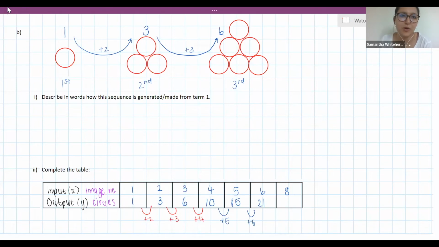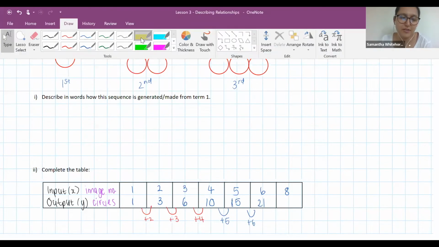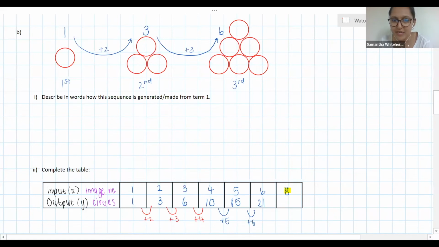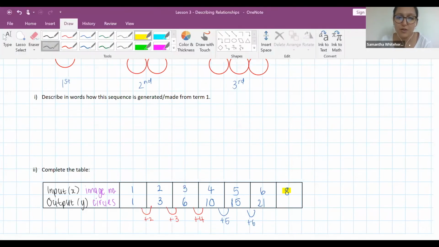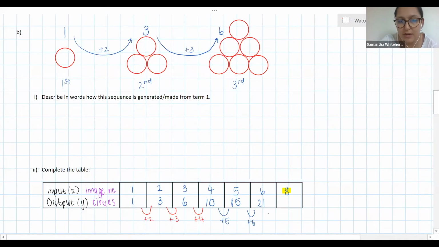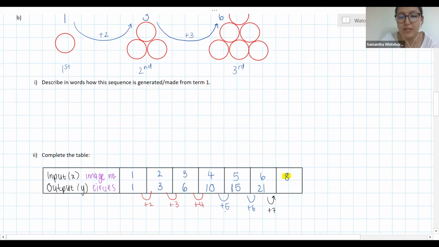Okay, cool. So guys, what I want you to remember is that I've maybe been a bit sneaky here. I've said image 8. So I completely agree with you that image 7 would be 28, because if I added 7, which would be the next pattern, I would definitely get 28. But remember, that's for image number 7.